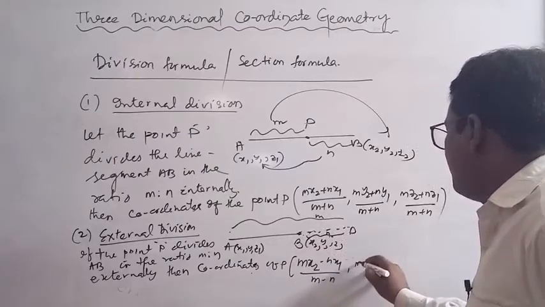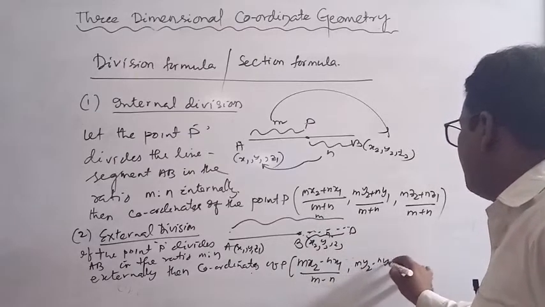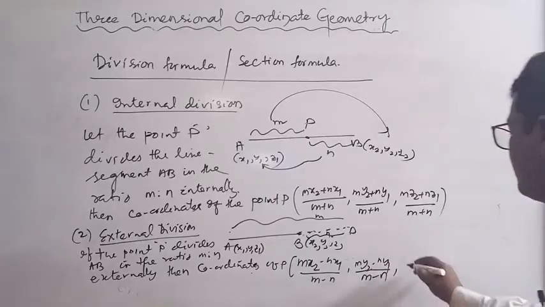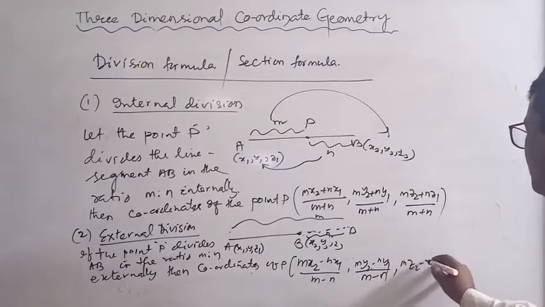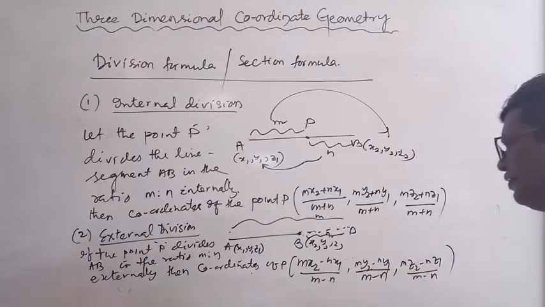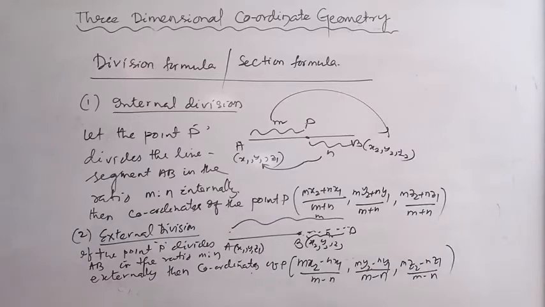So the y coordinate equals (my2 - ny1) divided by (m - n), and the z coordinate equals (mz2 - nz1) divided by (m - n). This is external division.